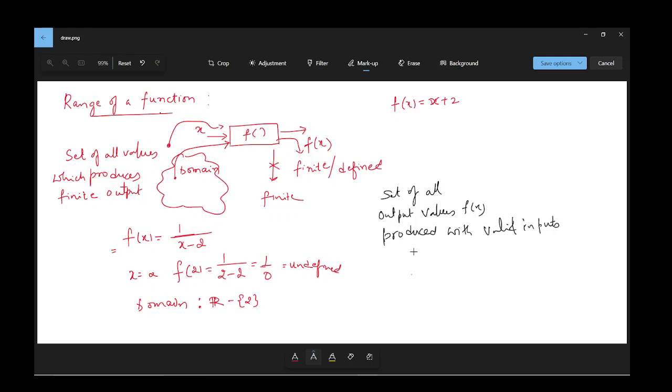We have a name for this, and this is called the range of the function.